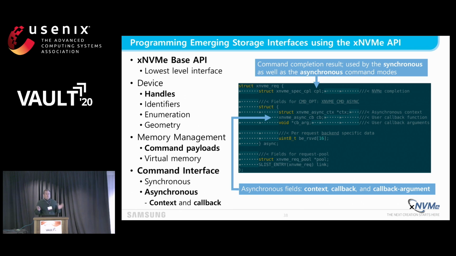And these things are then wrapped inside a request object where you have your completion, and those asynchronous fields for your queue or your context, your callback, and the callback arguments. There's some space reserved for backend specific data, which the backend can fill in. And then there's a request pool, where the request can be part of a pool.